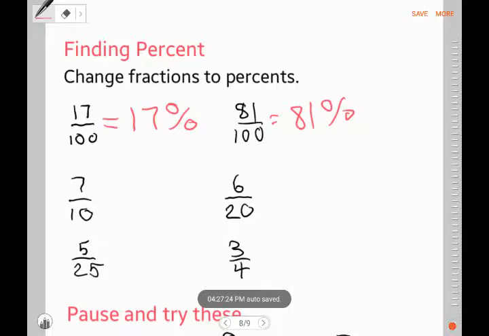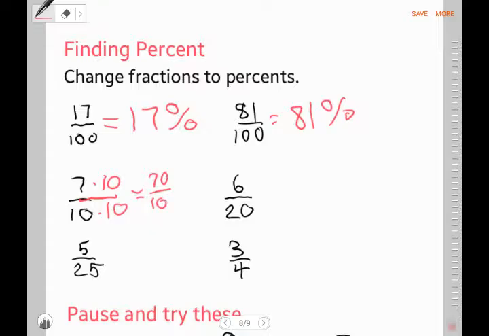Now what about 7/10? Well, I know that 10 is a factor of 100, so I'm just going to times the top and bottom of this fraction by 10 so that I can get it to be out of 100. And I get 70 hundredths or 70%.